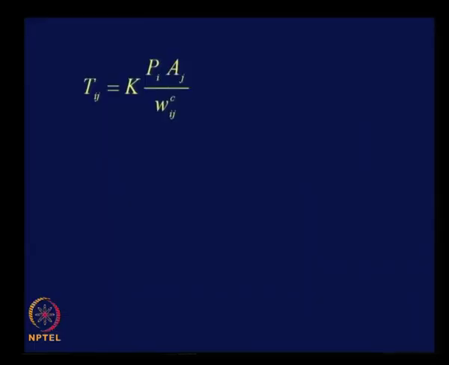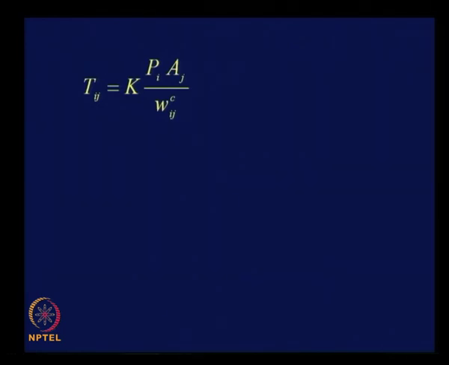And if you look at the basic structure of the gravity model itself, you may recall this was the basic structure we initially adopted. Tij equal to k times Pi Aj whole divided by Wij raised to power c. This is simply the replication of the equation related to Newton's law of gravitation.